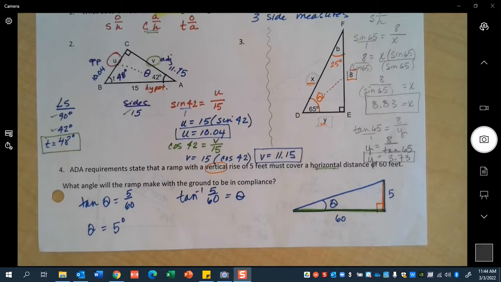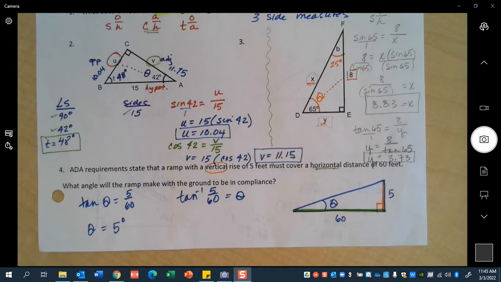So number 4 we didn't get to, but I want you to make sure that you have this picture drawn. Every single time that we give you words without a picture, it's your job to draw your own picture, so that you know exactly which of those 3 legs, or 2 legs and 1 hypotenuse, you're given.